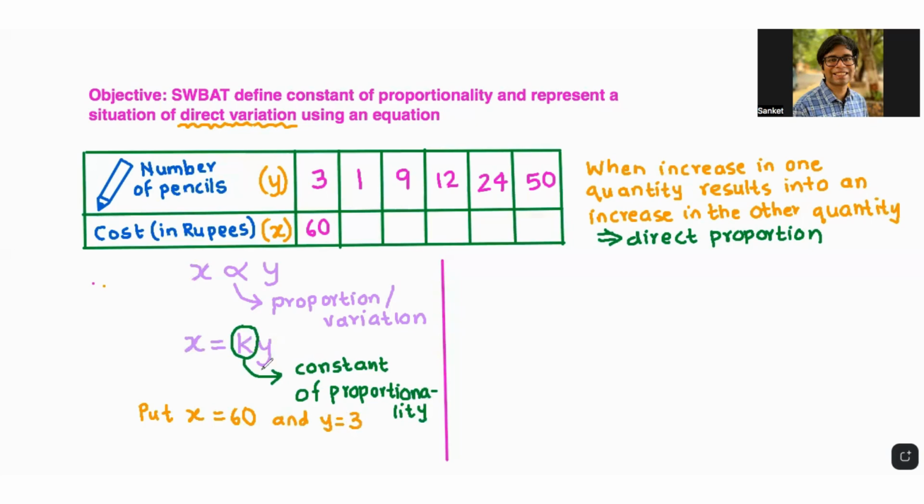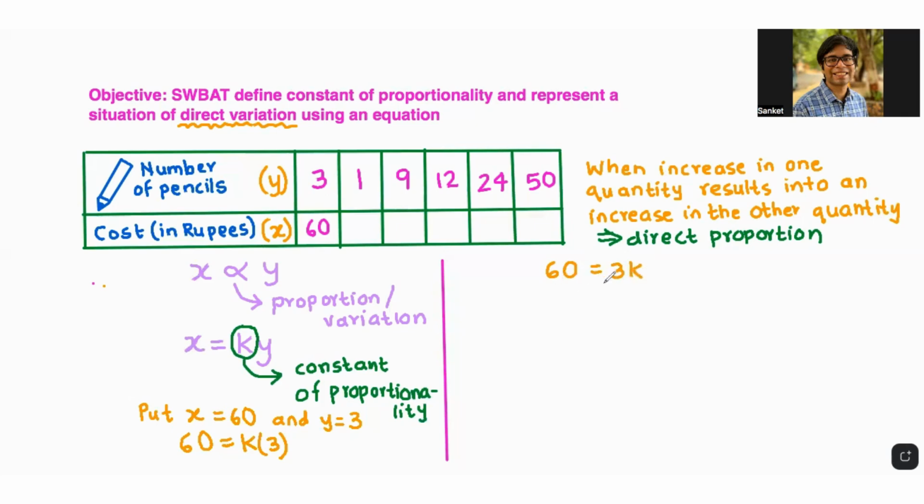So in this equation, I'm going to put x is equal to 60. So wherever there is x, I put 60 is equal to k times y. Y is 3. So I get 60 is equal to 3k.